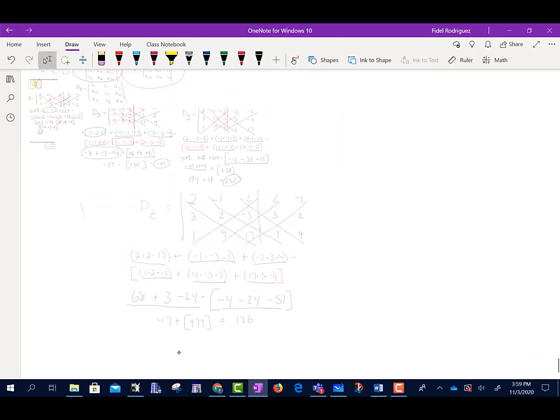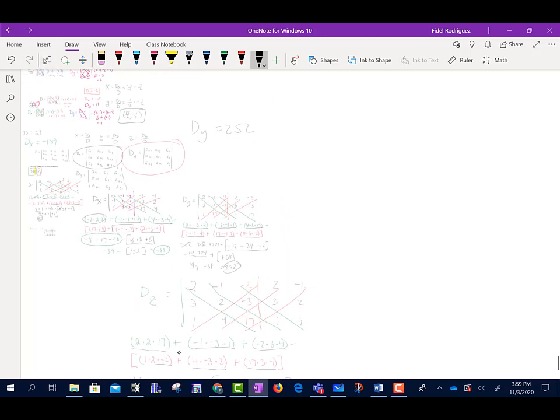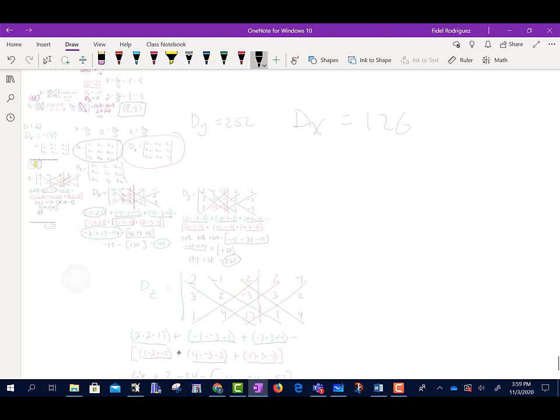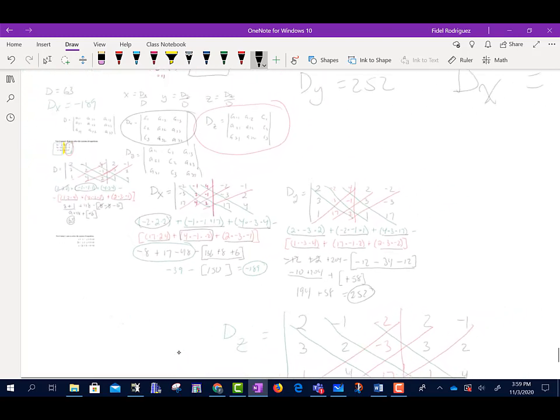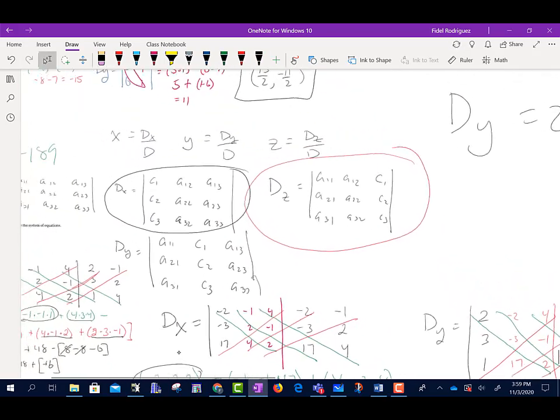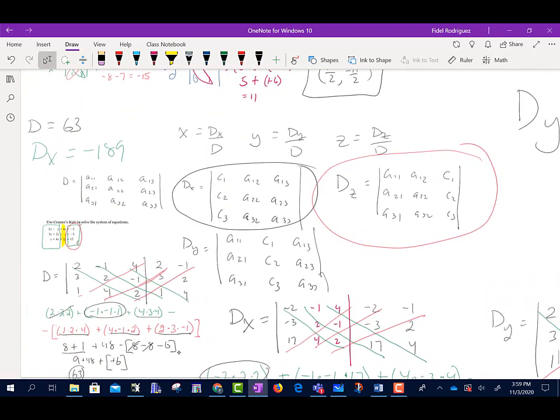Okay. So now, where was I writing everything? Because I've already lost it all. Here we go. dx was, what did we come up with? 126. Okay. I'm going to zoom in much more. All right. First thing I want you to notice, look how we're going to find the x value.